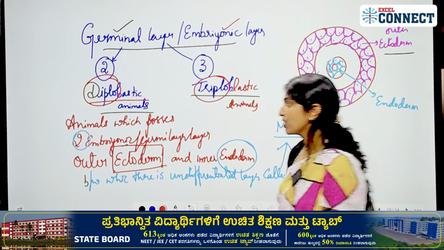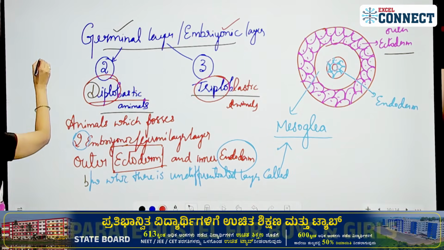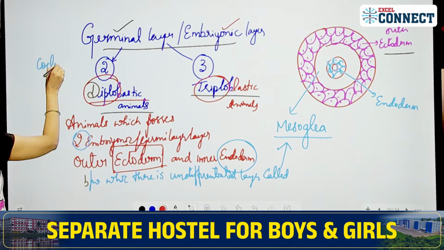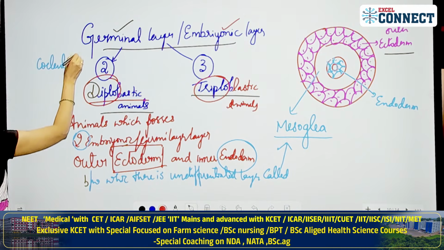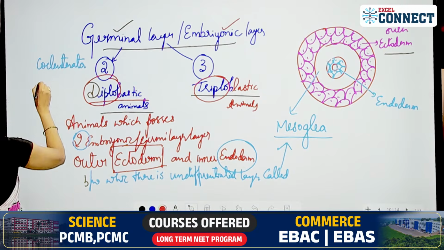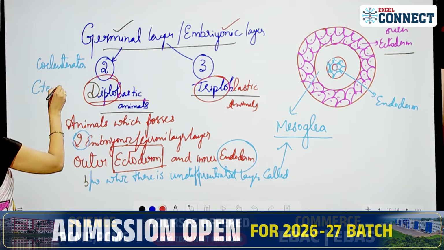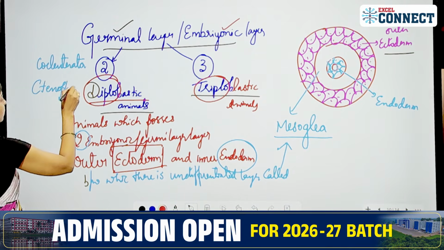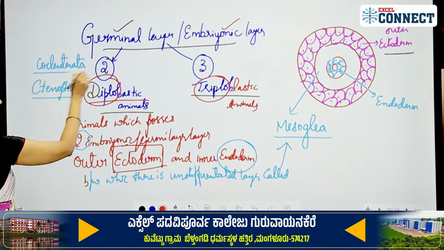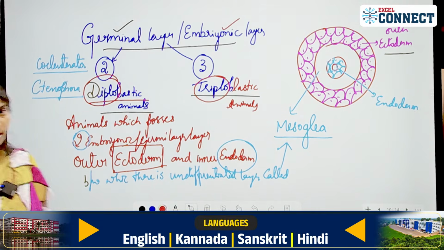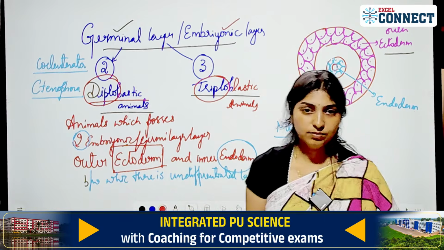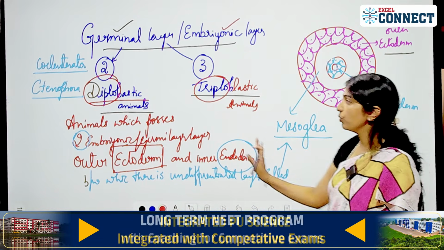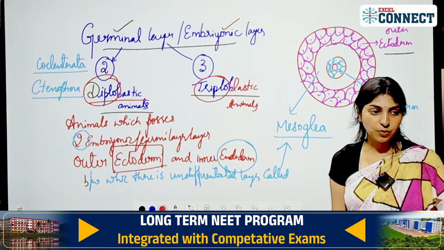Examples for diploblastic we have Coelenterata and Ctenophora. I hope you know what diploblastic animals are now.